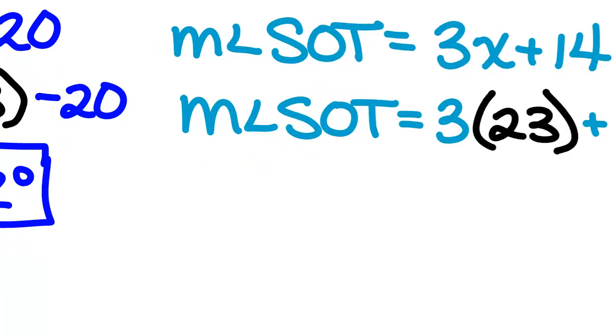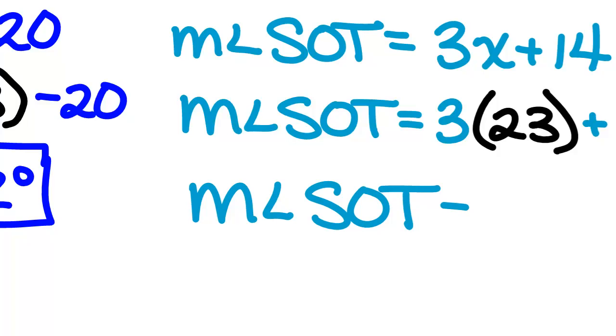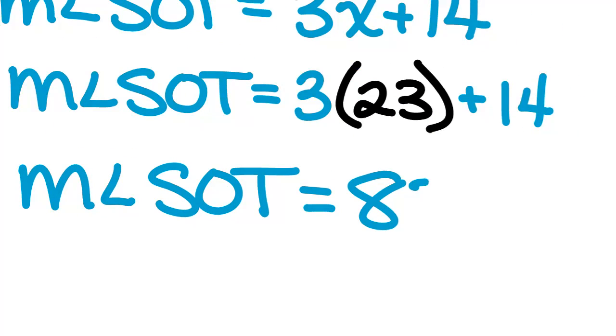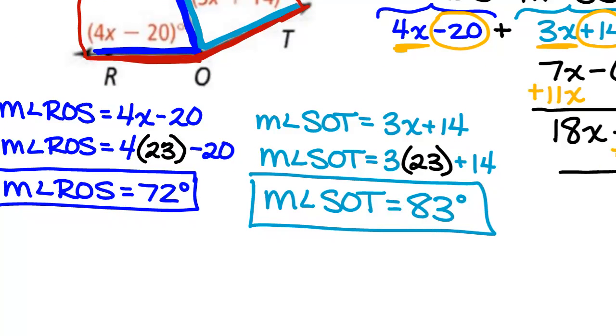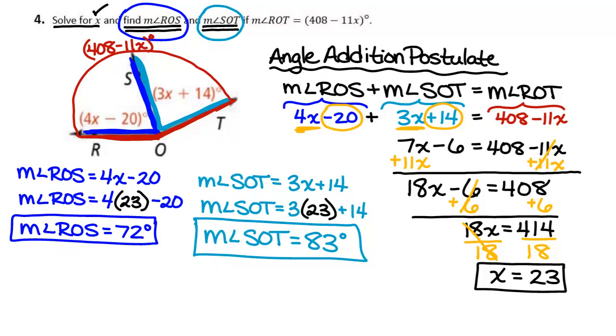We get 83. You're absolutely correct. Very nicely done, ladies and gentlemen. And what was the key to being able to set it up at the beginning? What did I have to use right at the very beginning? The angle addition postulate. Without that, I couldn't have done this problem.